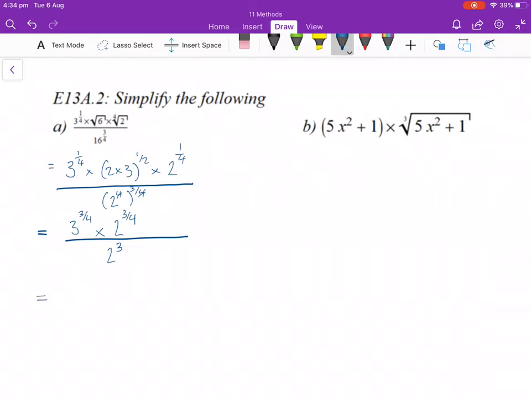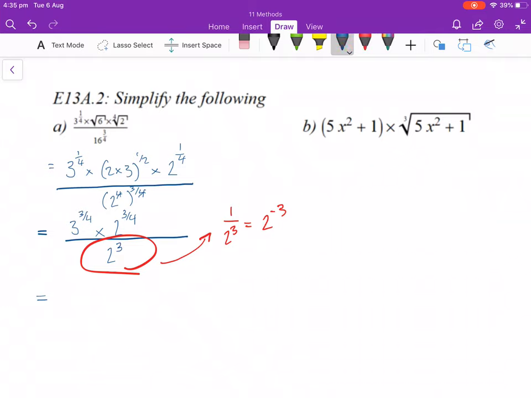So, if we were to rewrite this in a slightly different way, currently it sits as 1 over 2 cubed. So this could be the same as 2 to the power of negative 3. So that's actually going to subtract from our 3/4 here.